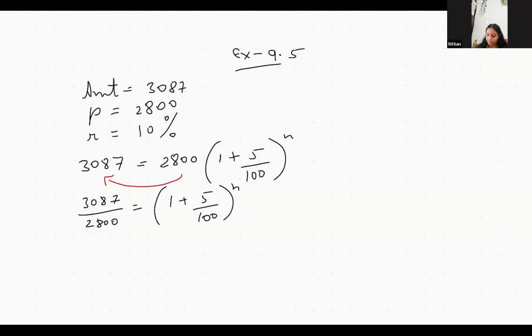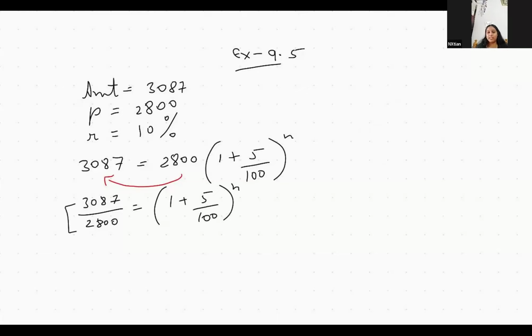They both are divisible by 7, but you have to find such a number which is either a square root or a cube root of it. Okay, you have to find such number which is either a square root or a cube root.